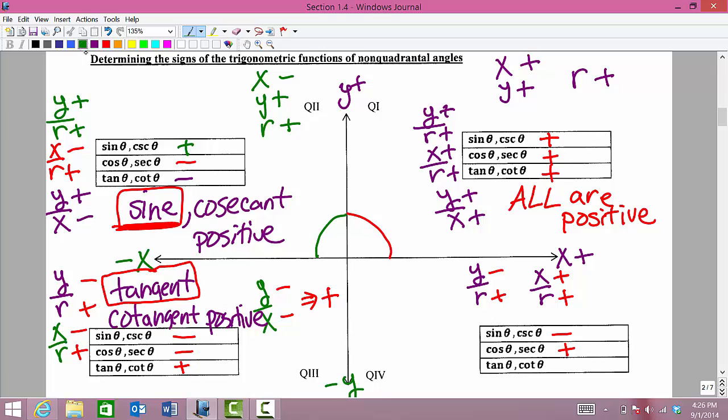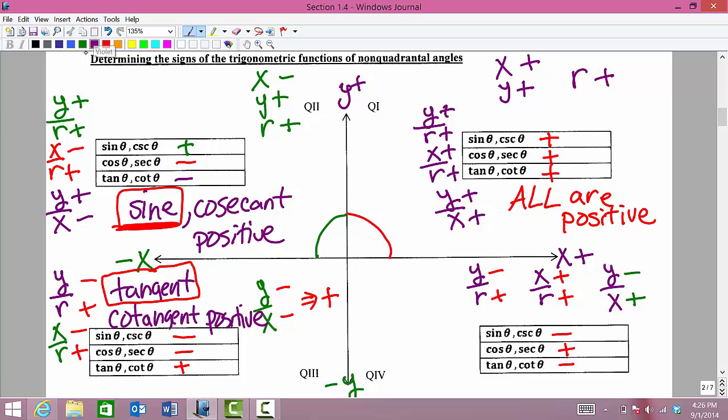And lastly, tangent. Tangent is y divided by x. Y is negative, x is positive. A negative divided by a positive will also be negative. So tangent will be negative and cotangent will be negative in quadrant 4.